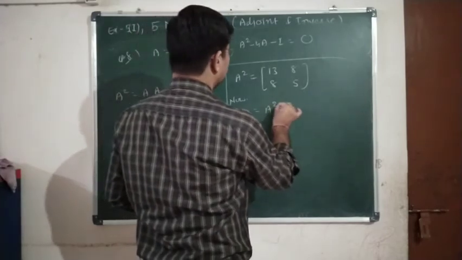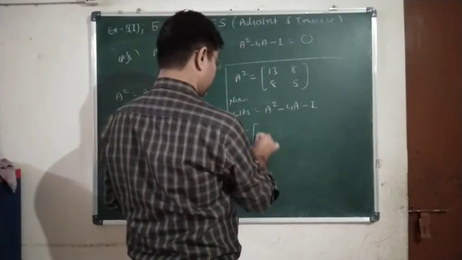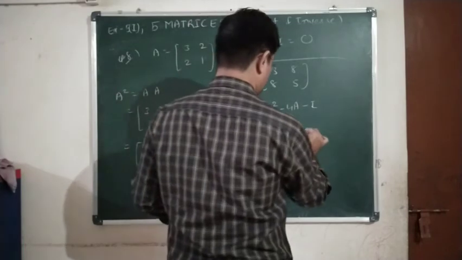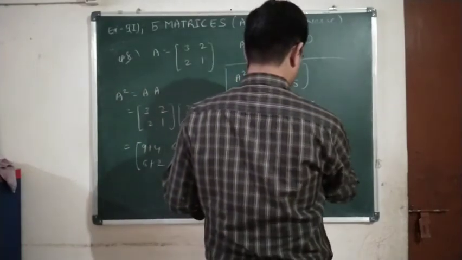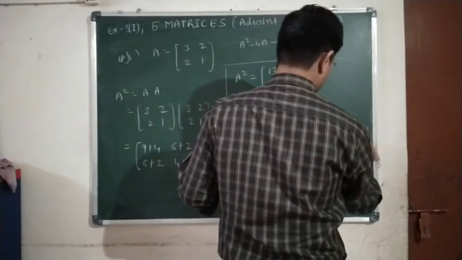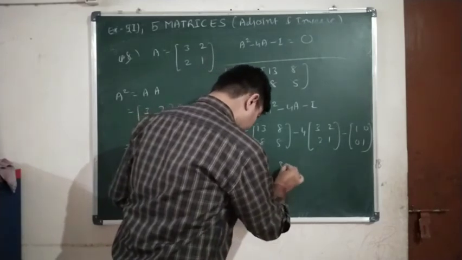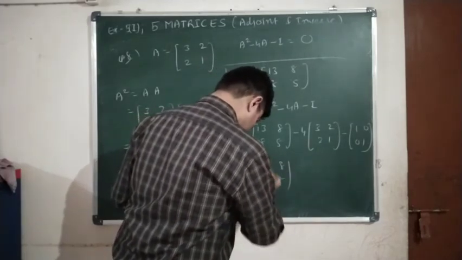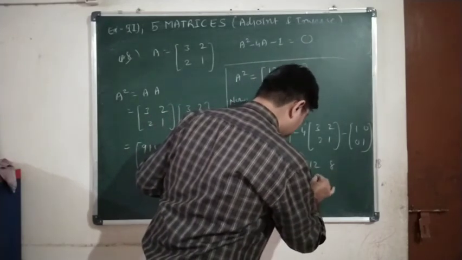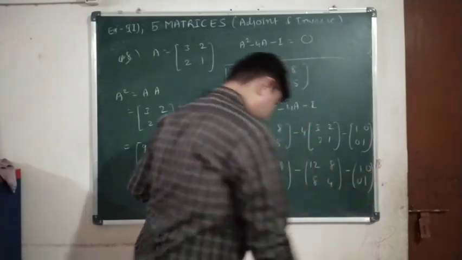Now let us put the values in the left hand side. LHS is A square minus 4A minus I, which is equal to 13, 8, 8, 5 minus 4 into 3, 2, 2, 1 minus 1, 0, 0, 1. So 13, 8, 8, 5 minus 4 3s are 12, 8, 8, 4 minus 1, 0, 0, 1.